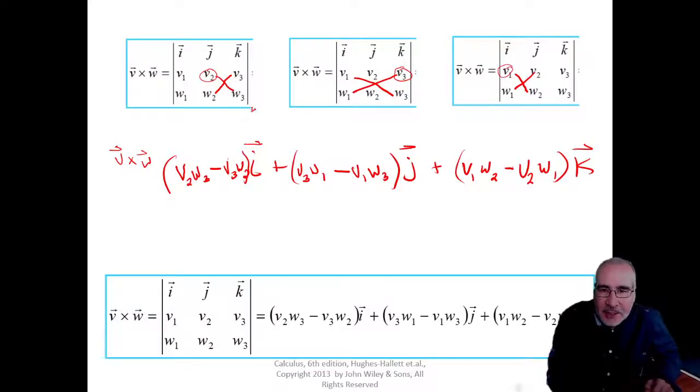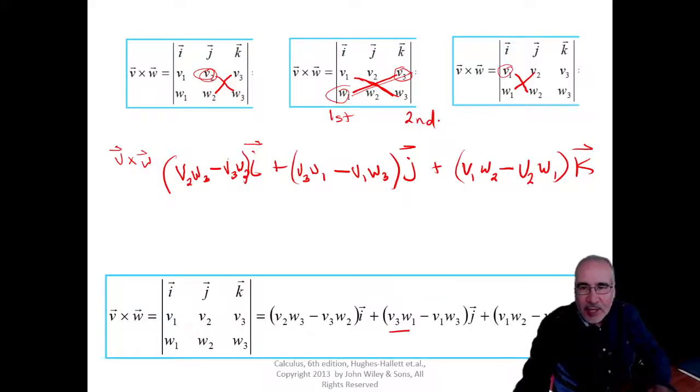So obviously order is important upon which one gets subtracted, which one is the negative one. The I and the K go starting with the upper V, V2, the one in the middle. As you can see, it actually starts with the W going up to here, and this is the first, and this is the second one, the one that gets subtracted. So J is a little bit different.